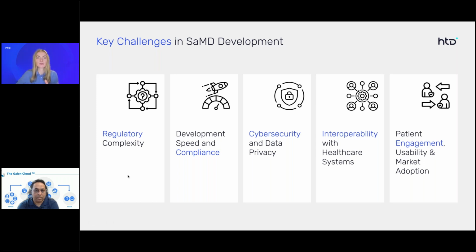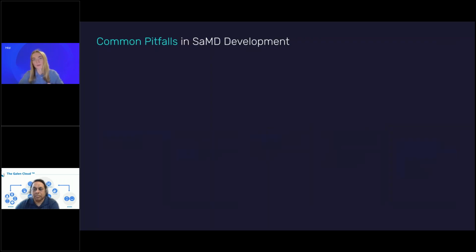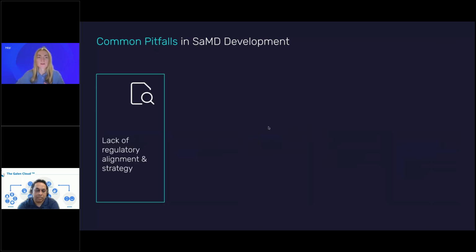And now I would like to cover with you some of the common pitfalls in SaMD development that I myself encountered and saw throughout my experience working with many different organizations. First, lack of regulatory alignment and strategy. It's one of the biggest mistakes. Organizations very often ignore regulatory requirements until later in the process.